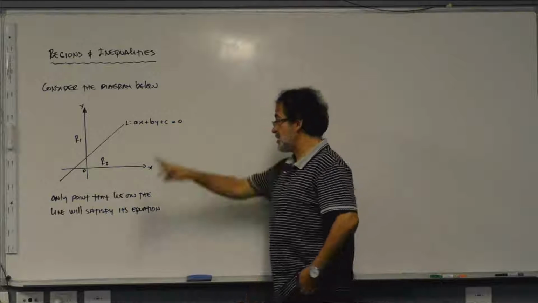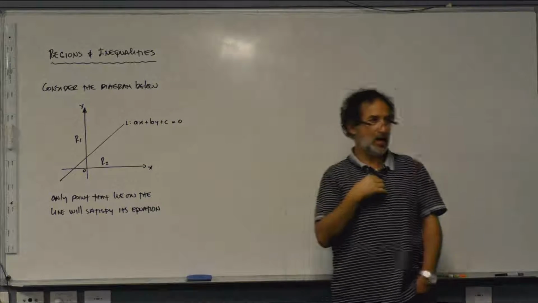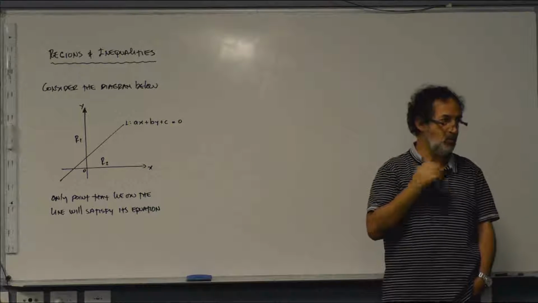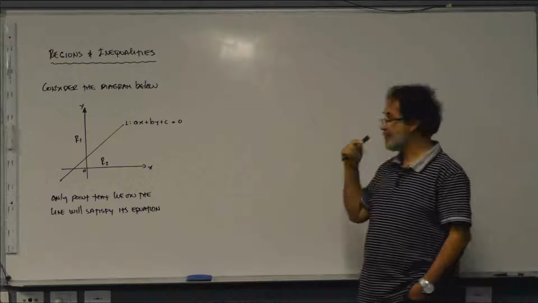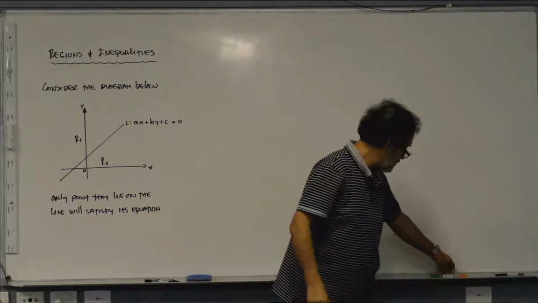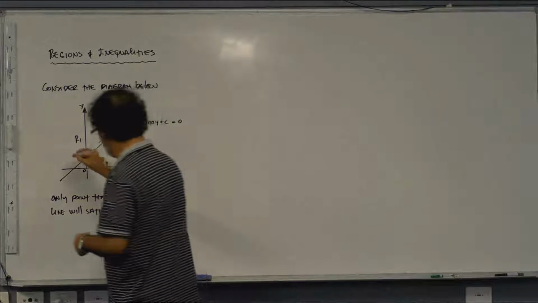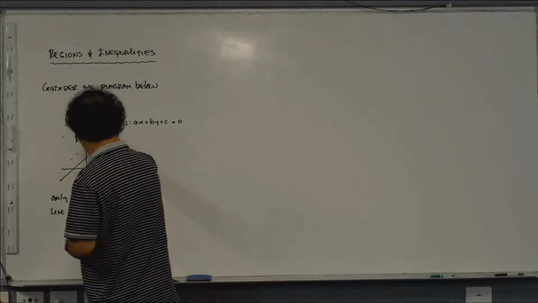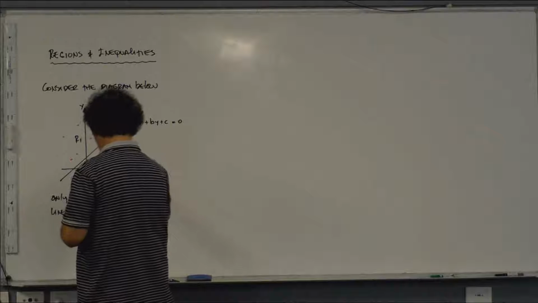But you can see on the number plane there are many, many more points. Actually, there are an infinite number of points. So we have points above the line, and also we have points below the line.